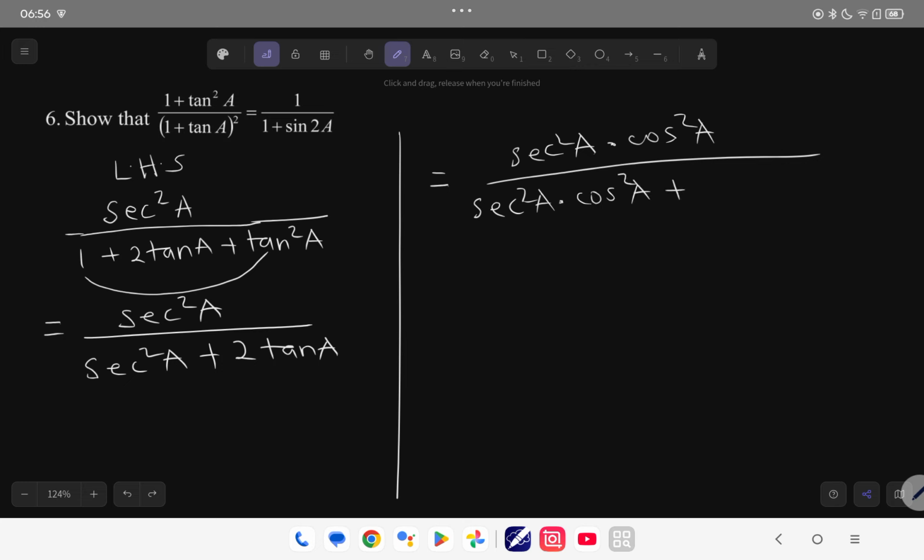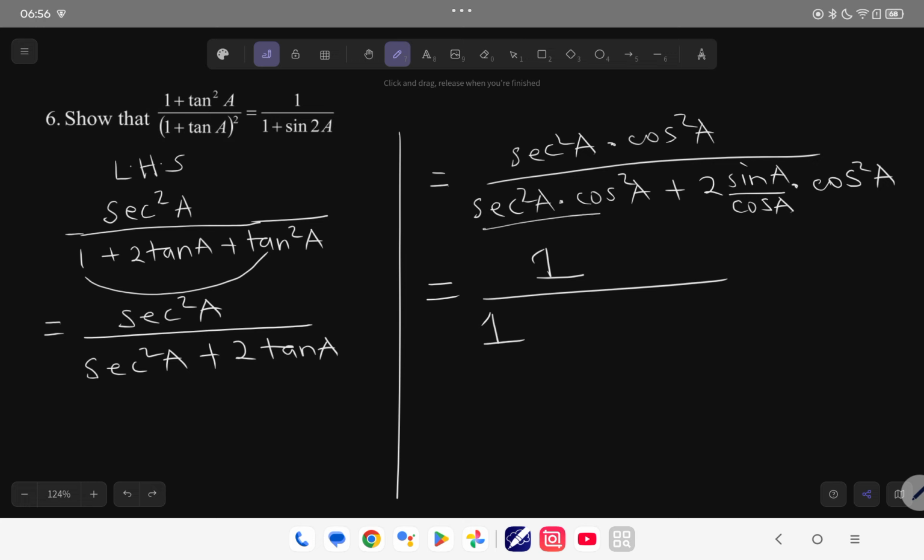plus, now 2 tan is the same as saying 2 sin a over cos a. We are also multiplying that term by cos squared a. So multiplying by cos squared a on each and every term will cause no change. Now here we have a 1 up, down we also have a 1, then cos a will go with the power.